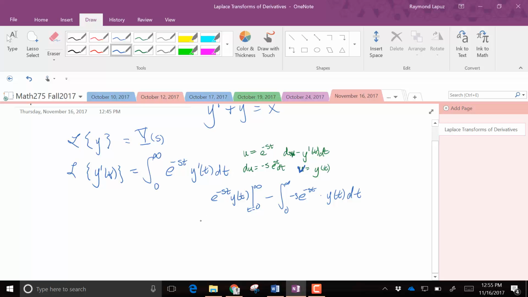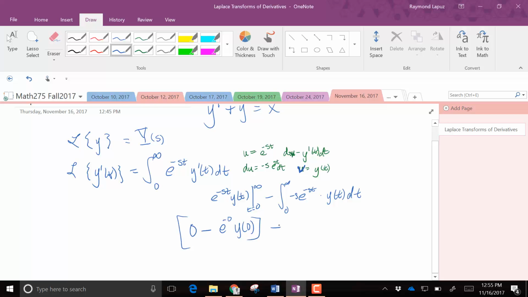I'm kind of fudging the correct way to do improper integrals here, because that's for calc 2. There's theory behind that, and I'm just going to fudge that. So at infinity, it's going to be 0 minus, and then at 0, this is going to be e to the 0, which is 1, times y of 0. I'll fix that up in a few minutes.